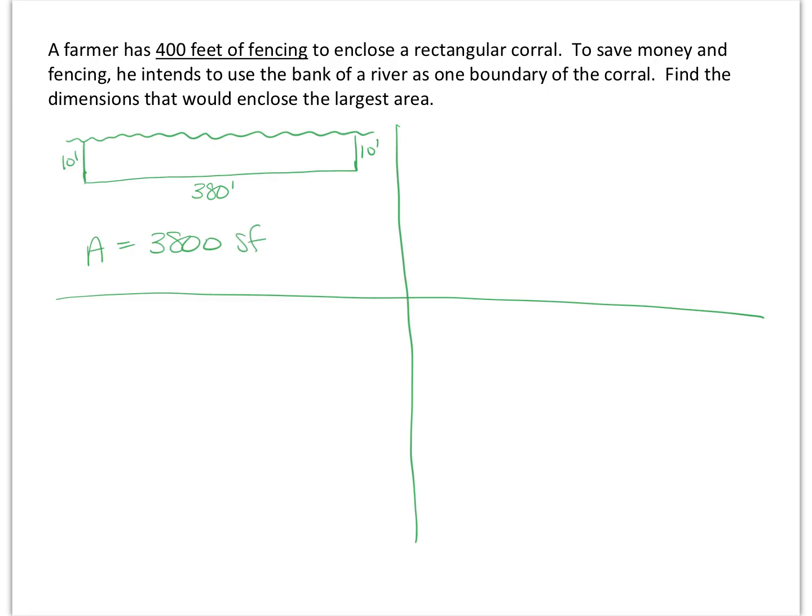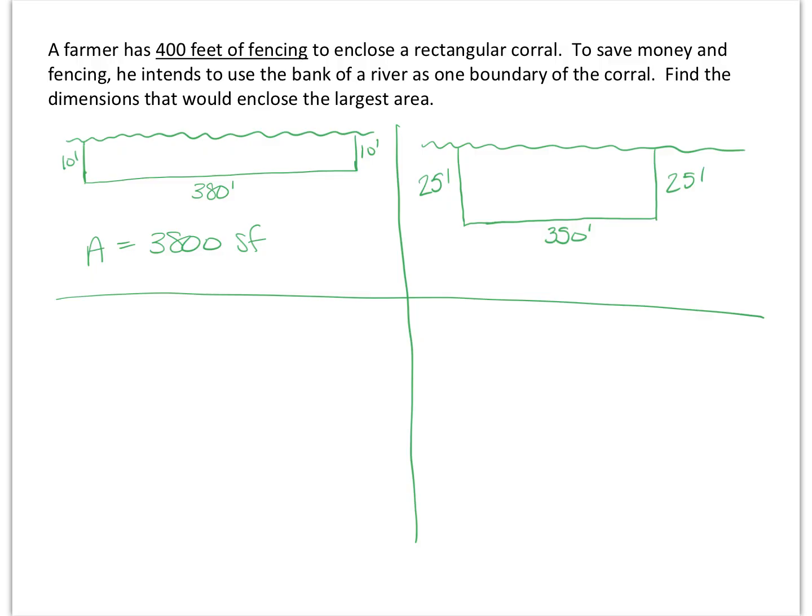So we could do long and skinny. Let's make it a little fatter, right? So I'm going to have my river. And instead of coming out 10 feet, maybe I come out 25 feet. And that means I've used 50 feet of fencing, which means I have 350 feet left to make the third side.